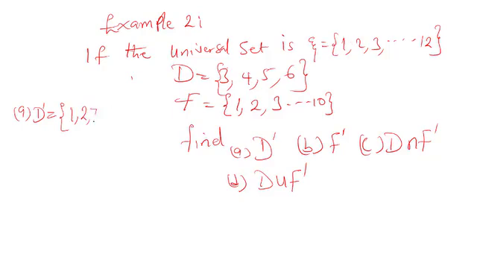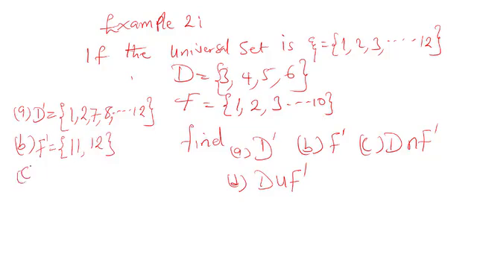So you now start 7, 8 to 12. This is D complement. B, look for F complement. In F we have 1 to 10. So the only thing that is not in F is 11 and 12. So F complement is 11 and 12.